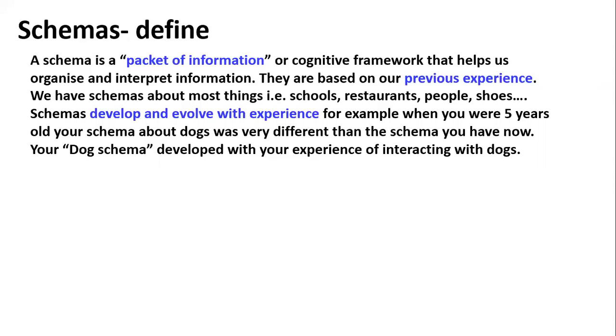When you were 5 years old, your schema about a dog is very different to the schema what it is now, right? Even when you're younger than 5 years old, mum, dad, granny takes you to the park and they go, "Oh, look, a doggy." So what does your mental processes do? Oh, let's get another file here, doggy.